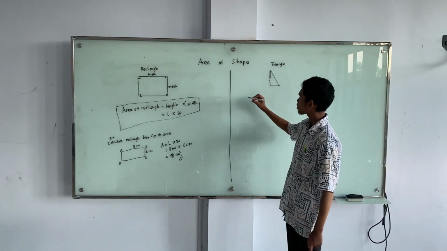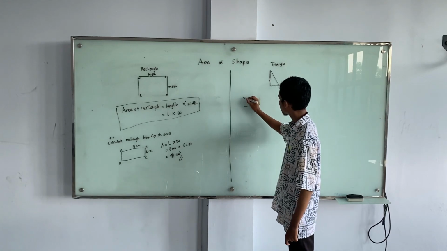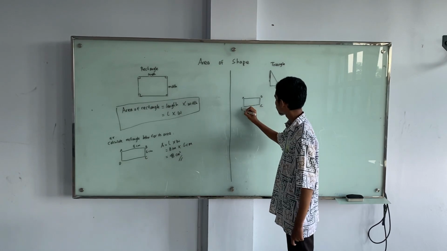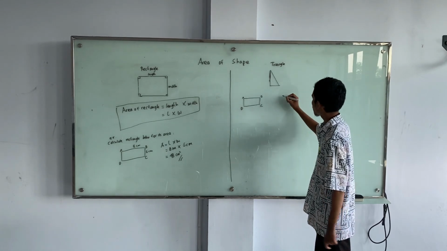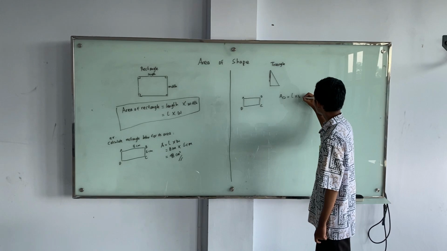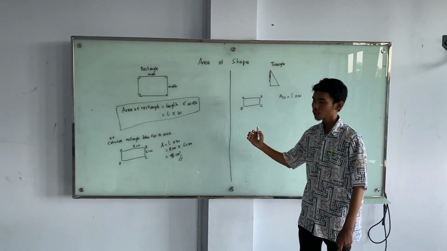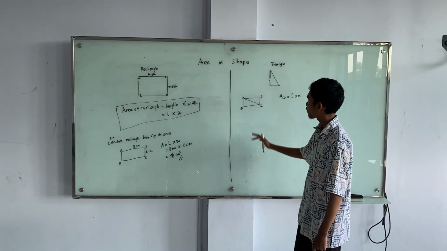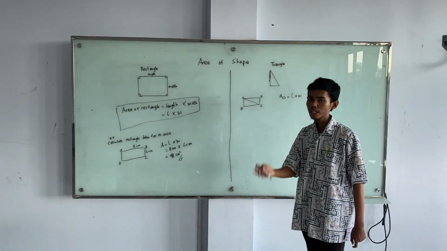I will illustrate a rectangle ABCD. From rectangle ABCD, we know that the area of rectangle is L times W. We make the diagonal line AC, so that AC divides the rectangle into two congruent triangles.